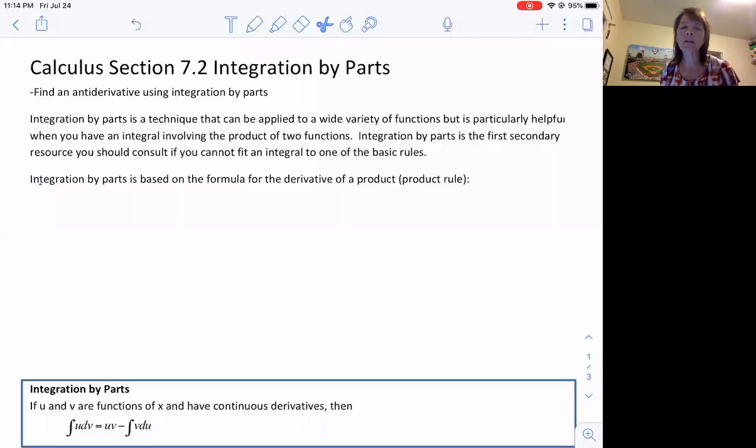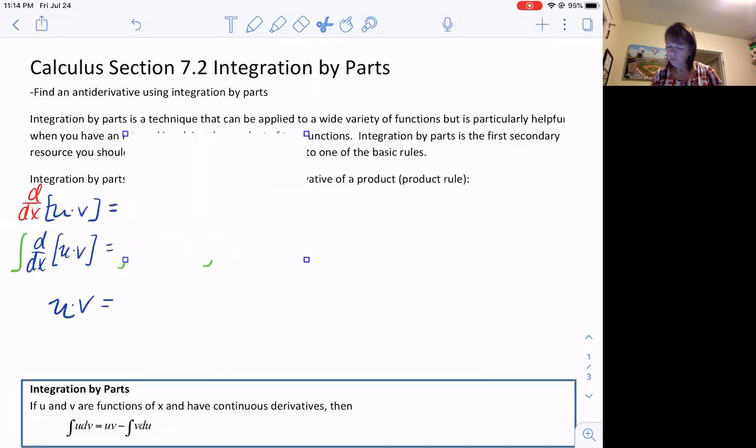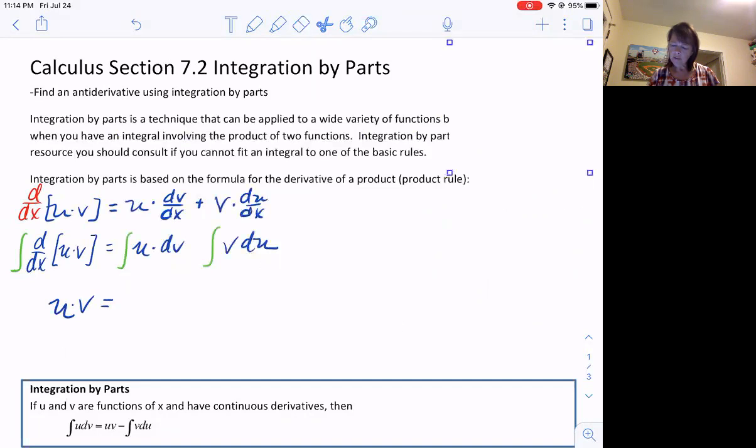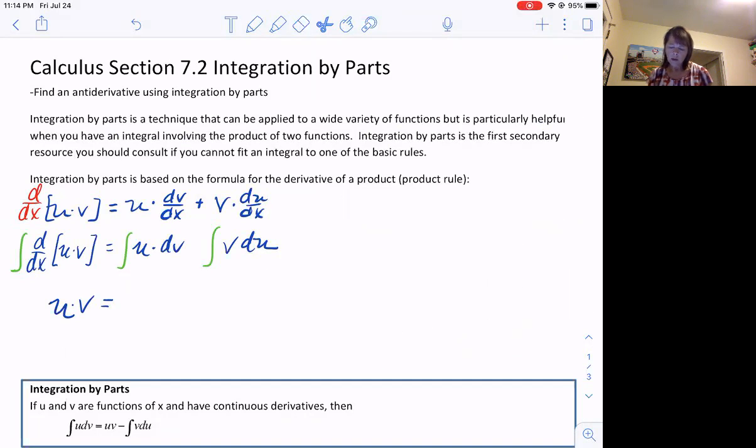Integration by parts is based on the formula for the derivative of a product rule. So I've already got something set out here for you. If you look, we have the integration by parts formula. If I take the derivative of a product, then I get this expression in the first line.